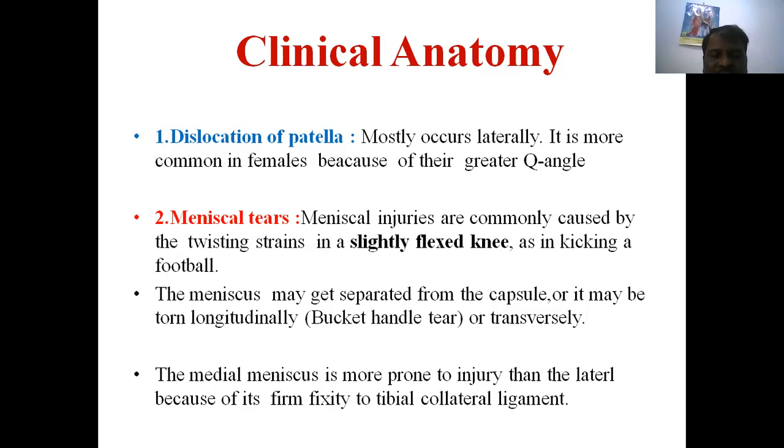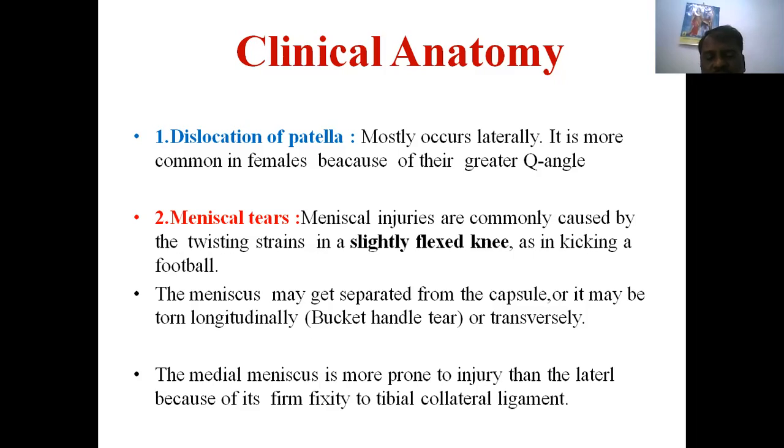If you draw a line from the center of the patella up to the anterior superior iliac spine, it goes obliquely. Another straight line from the apex of the patellar ligament goes toward the middle. Between this oblique line and the straight line there is an angle, mainly larger in females. So dislocation occurs mainly on the lateral side of the knee joint.